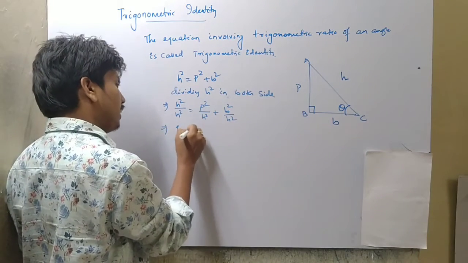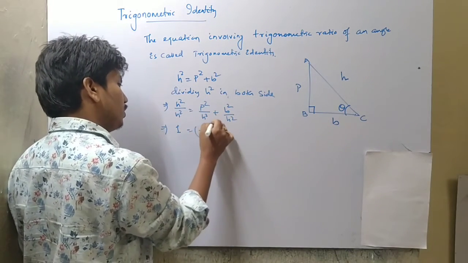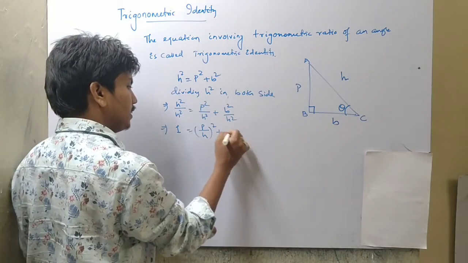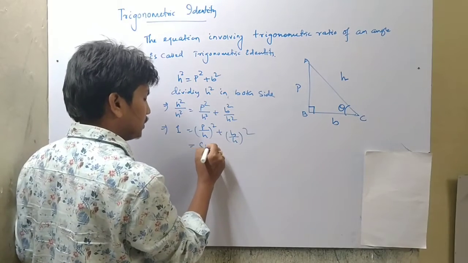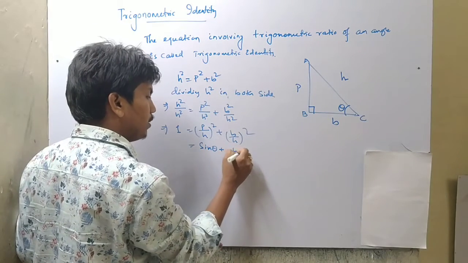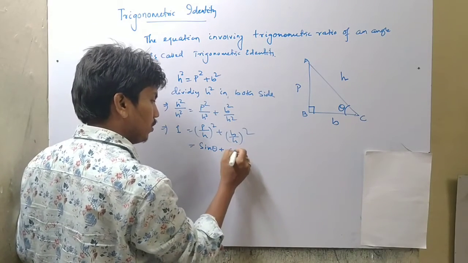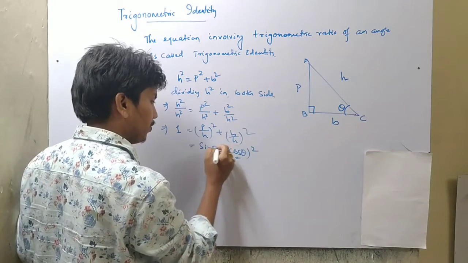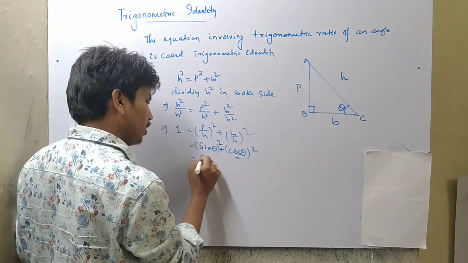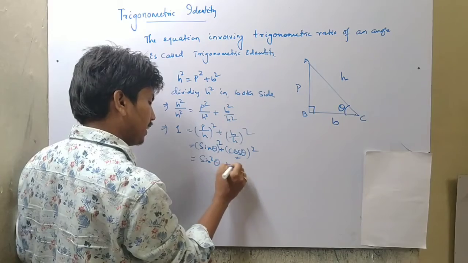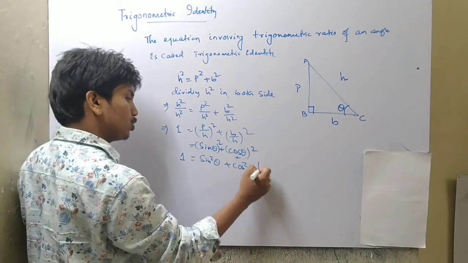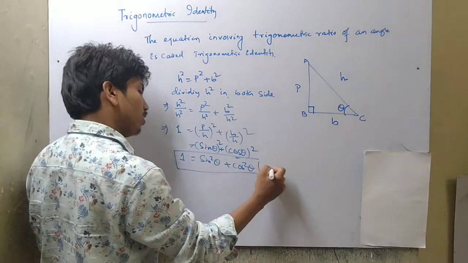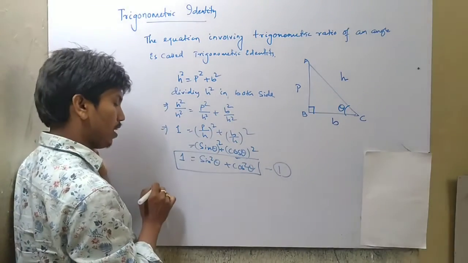This is 1, and P by H is sin theta and B by H is cos theta. So now a formula is obtained: sin square theta plus cos square theta is equal to 1. This is formula number 1.